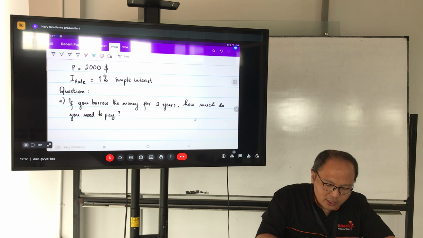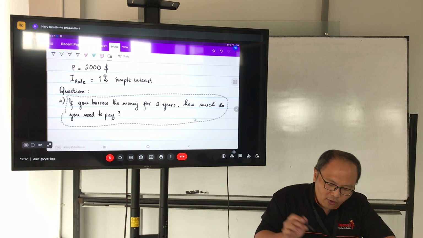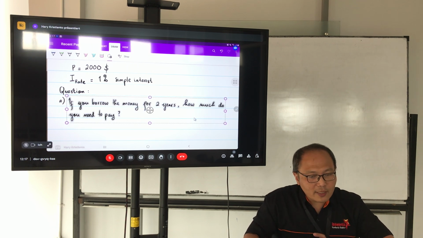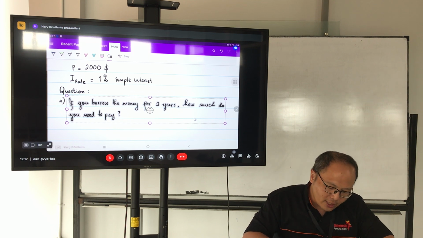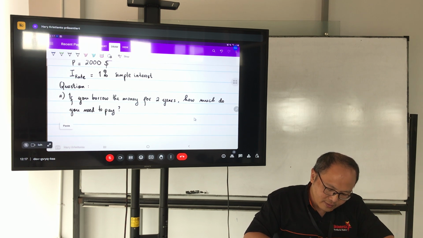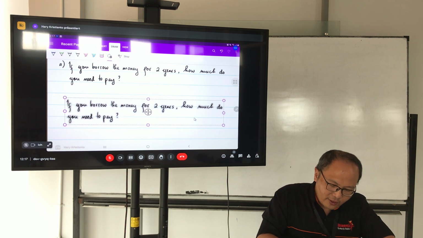The same question once more. If you have this agreement of simple interest and you want to borrow it for 10 years, how much money do you need to pay if this is for 10 years?